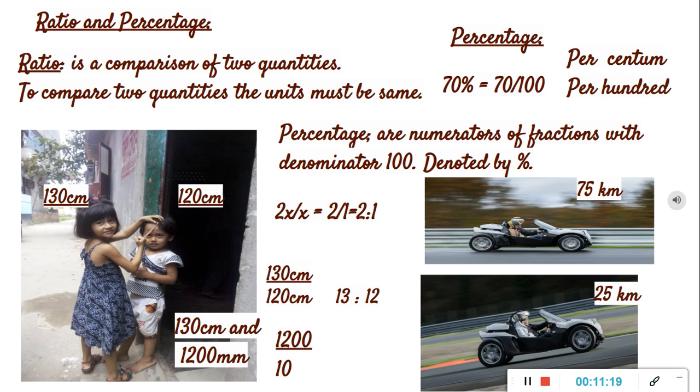That means if we talk about it in terms of percentage, we can say that Mrs. X covered 75% of the total distance. The same way, we can say that Mr. X covered 25 out of 100. That means 25% of the total distance covered. Right? So this is called percentage.